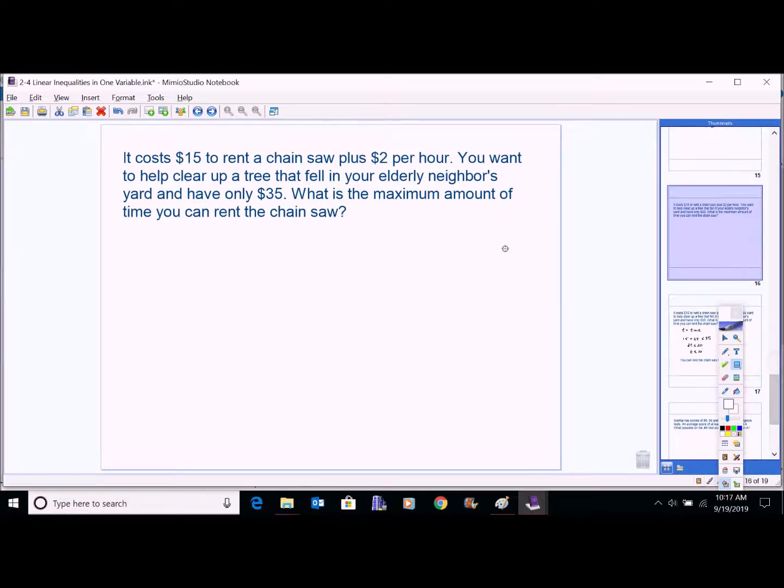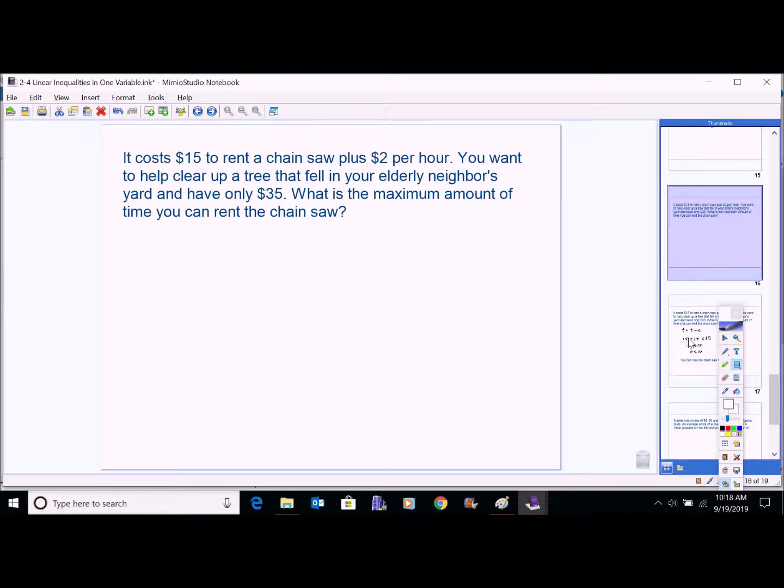The maximum time. So it would probably make sense to pick something that would make you think of time. So probably T, or someone said the number of hours, so possibly an H.